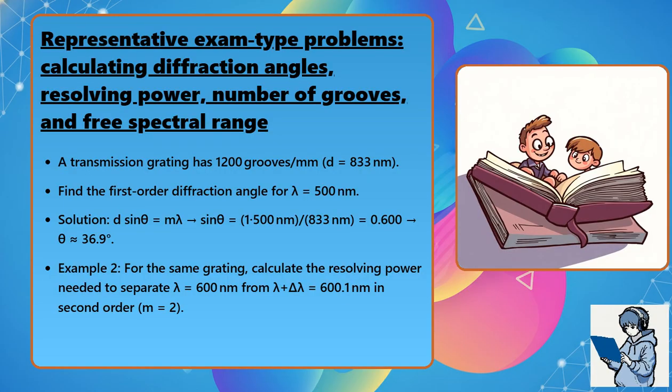Example 2. For the same grating, calculate the resolving power needed to separate λ equals 600 nanometers from λ + Δλ equals 600.1 nanometers in second order. m equals 2. Required R equals λ divided by Δλ. That is 600 divided by 0.1 equals 6,000.